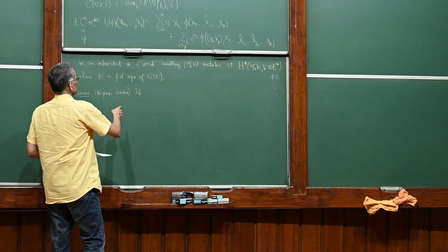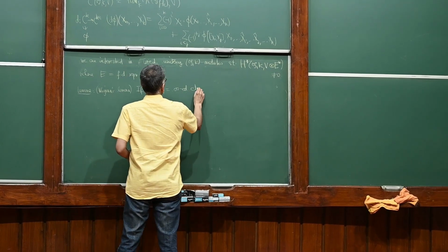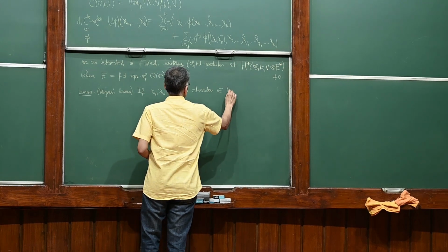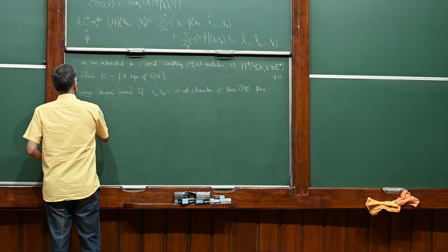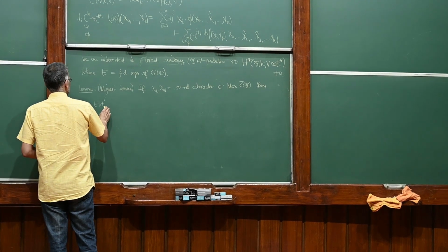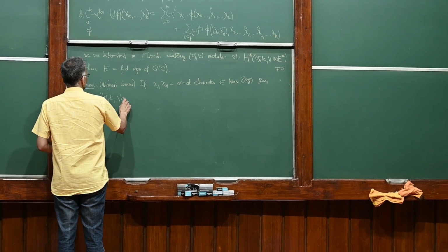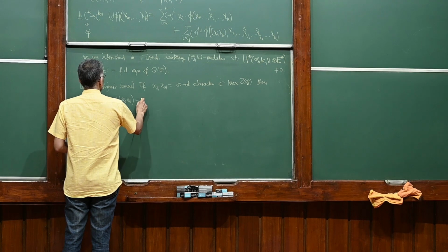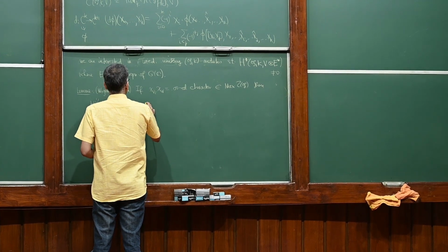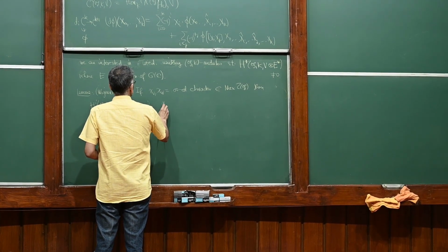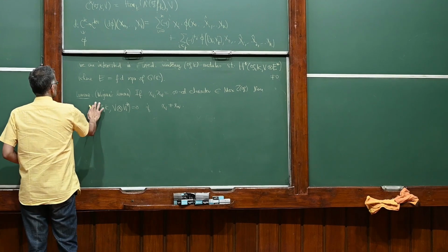So if chi_V and chi_W are the infinitesimal characters in the maximal spectrum of the center Z(g), then H^i(g,K; V tensor W star) is equal to 0 if chi_V does not match chi_W. This is 0 in all cases.